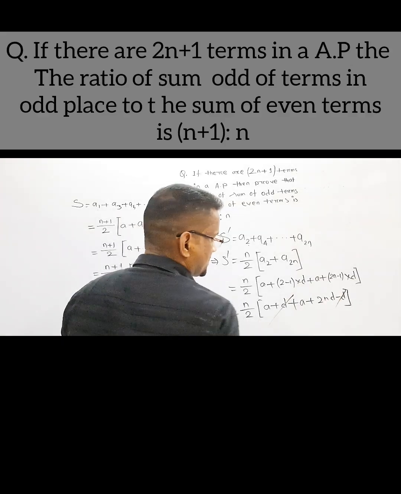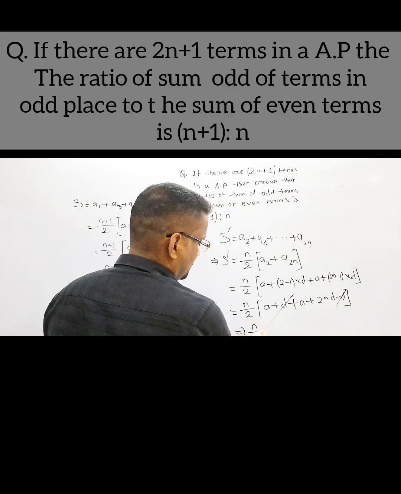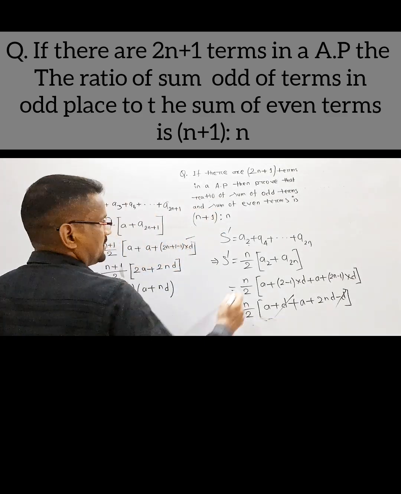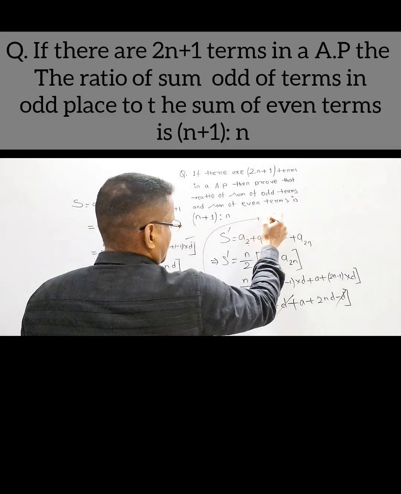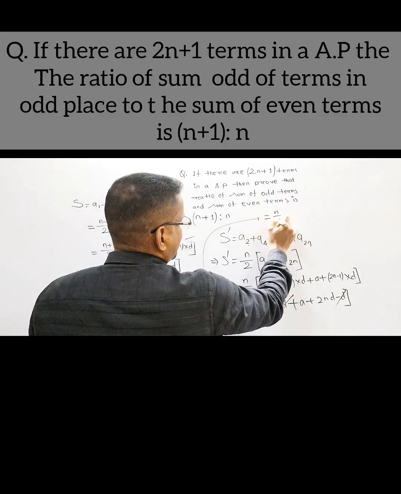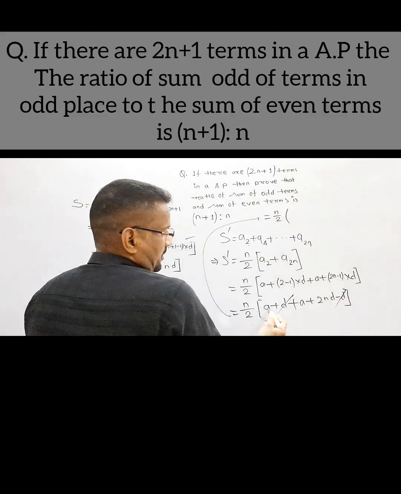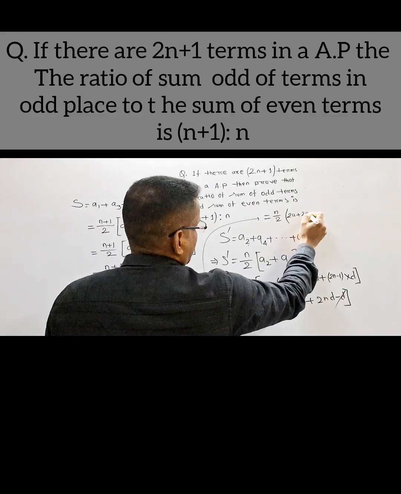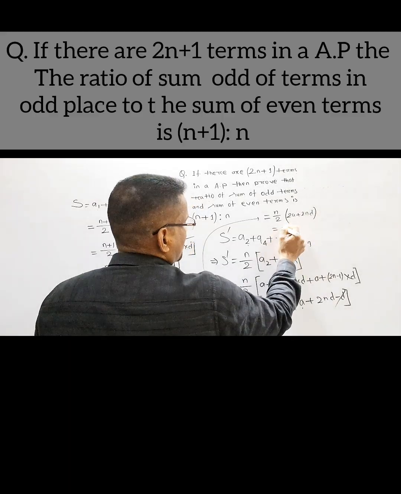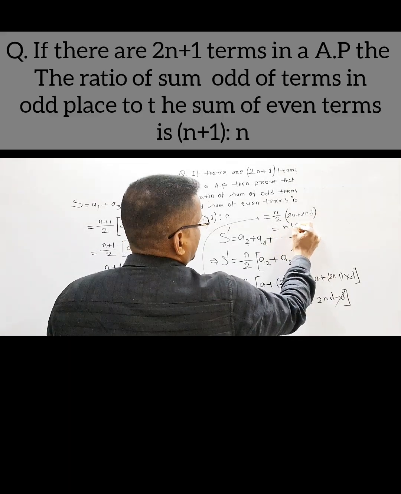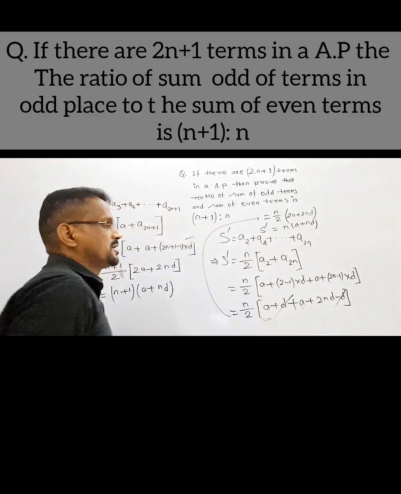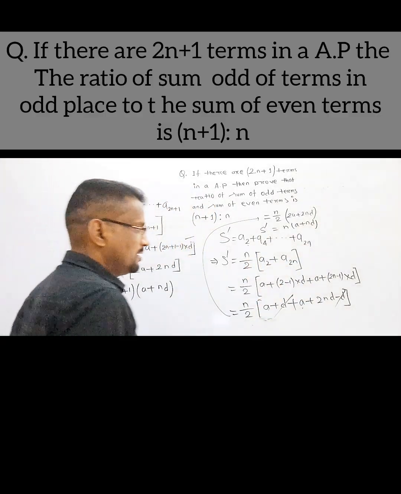The plus d minus d cancel out, so n by 2 into (2a plus 2n d), and 2 cancels, it will be n into (a plus n d). So this is your S dash, the sum of terms in even places.